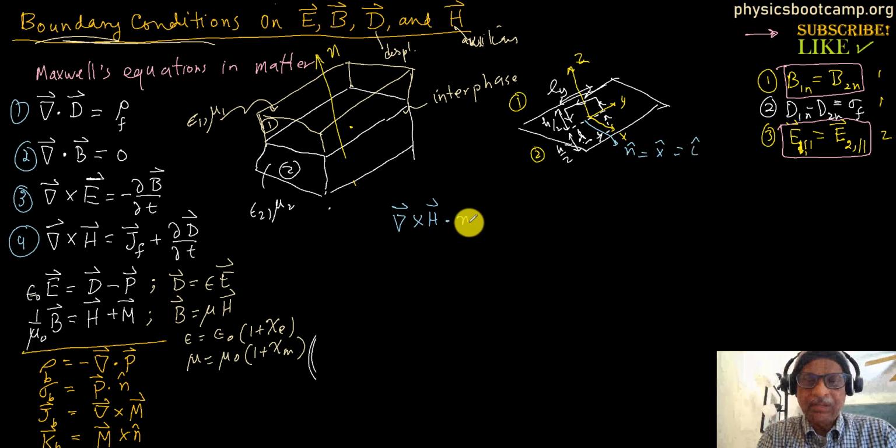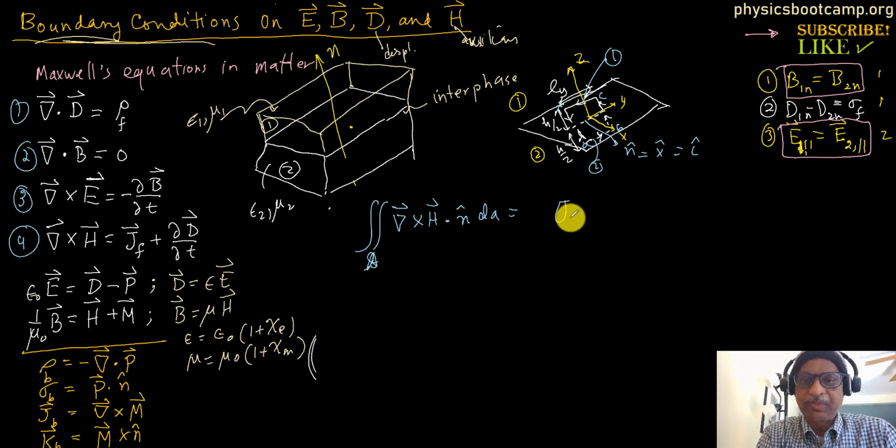Del cross H dot n hat dA along this loop A, B, C, D. AB is in 2 and CD is in 1. It's kind of hard to draw, right? And I do this over this area or surface.